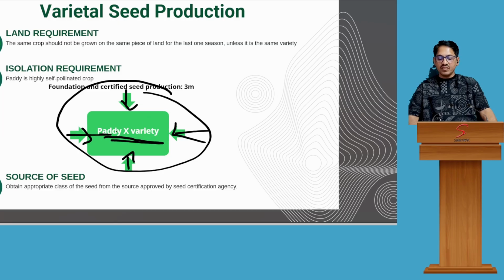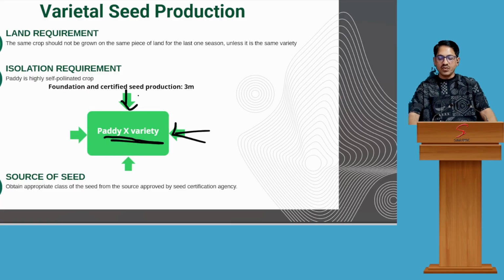We just have to take care whether the surrounding area of this field is having the same crop or a different crop. If a different crop, then no worry. But if rice is being grown by the surrounding farmers, then we have to keep this proper isolation distance. For what? To produce genetically pure seeds.